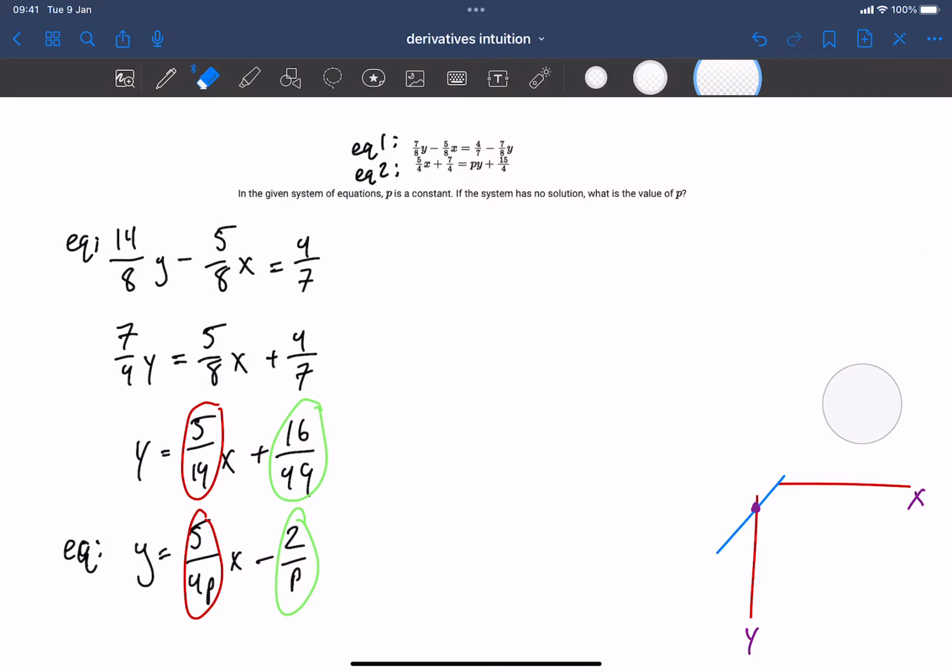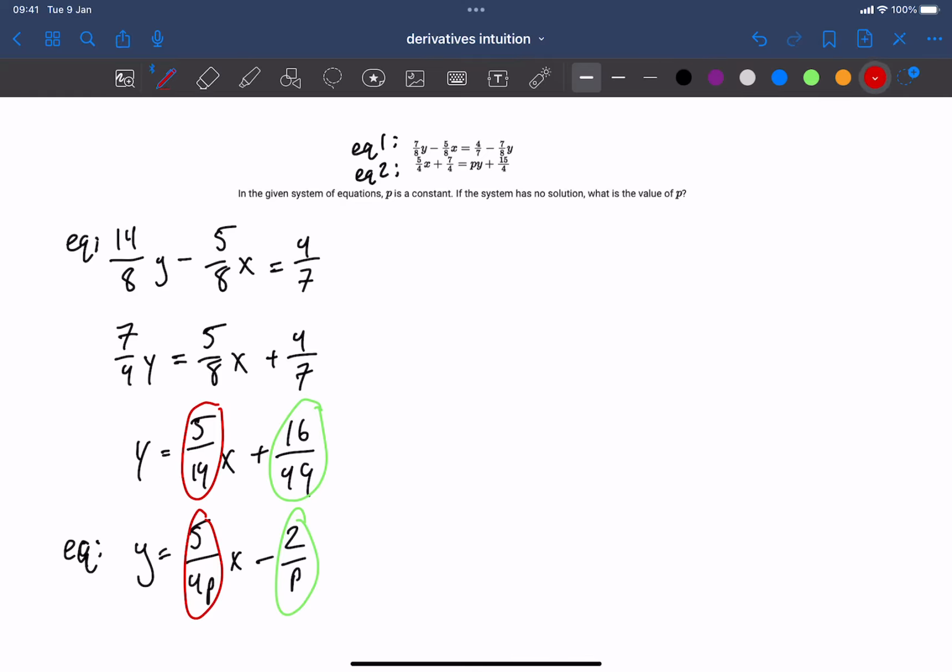I'm going to clear this all out. Okay. So the first slope is 5/14. The second slope is 5/4p.